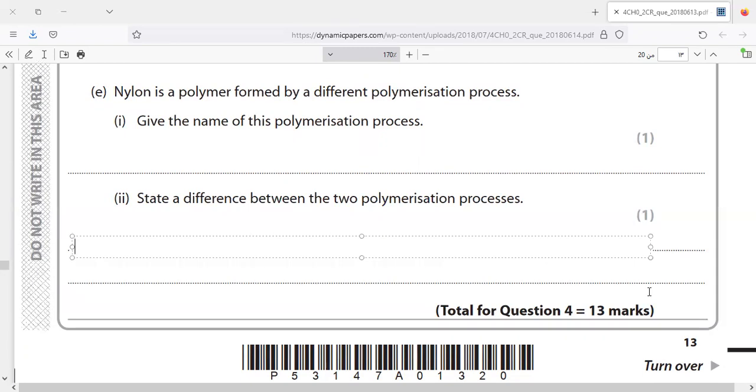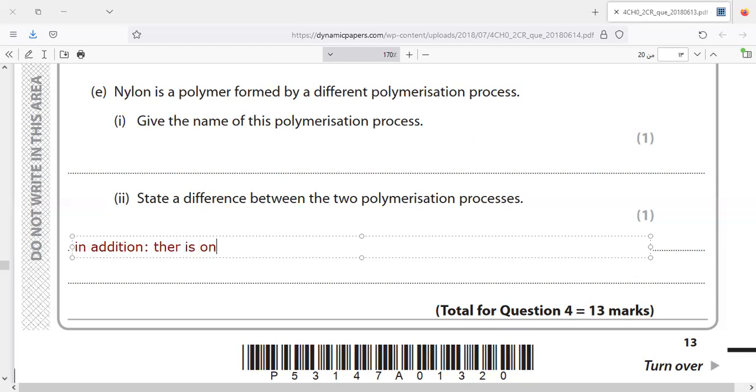Condensation... No, not react with water. Look, in addition, you will react ethene with ethene with ethene to form polyethene. Propene with propene with propene to form polypropene. In addition polymerization, I have only 1 type of monomer.